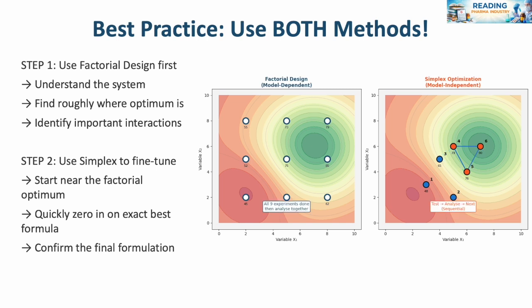After you know your optimum region, you can fine tune the region to find the absolute optimum, and you use simplex to fine tune the data or the parameters. So you start near the factorial optimum, and you end up with hopefully the exact best formula, and that will allow you to confirm the final formulation.